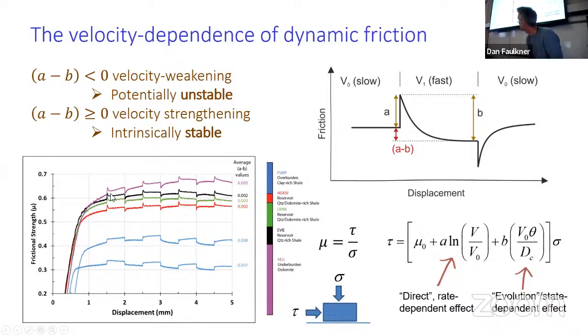The stress level at which it slides tells us something about the strength of these materials. That's this parameter mu, the friction coefficient, which, just to remind you, is the ratio of the shear stress that you have to apply relative to the normal stress that you've got on a fault plane.